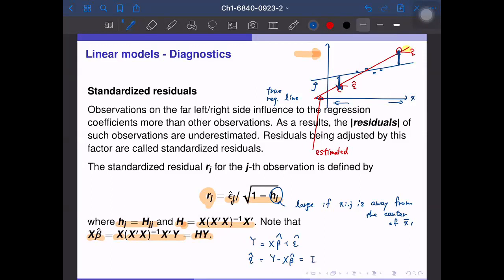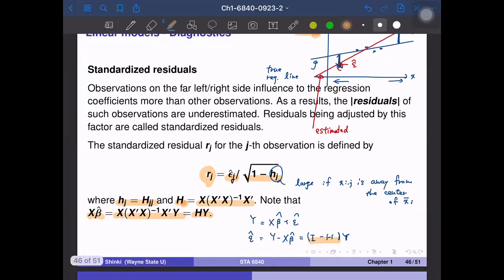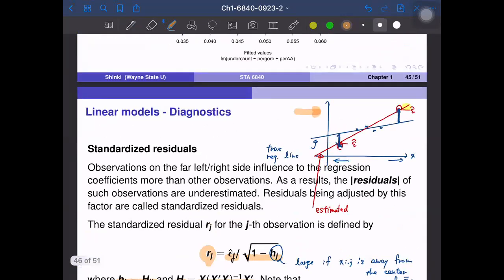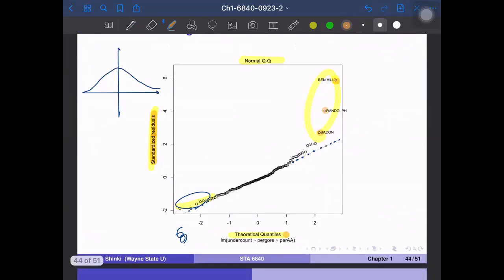And this is actually (I minus H) y. So to evaluate epsilon hat, the size of epsilon hat, this I minus H matters. So this is the definition of standardized residuals. So it's slightly different from usual residuals.